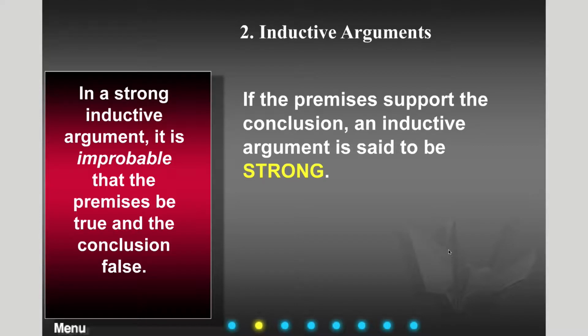So whereas before we were saying valid or invalid as step one in deductive arguments, before we went to step two, whether they are true or false, and therefore sound or unsound, we are now going to ask whether the inductive argument is strong or weak. If it's weak, we stop right there, and we automatically don't have what's called a cogent argument.